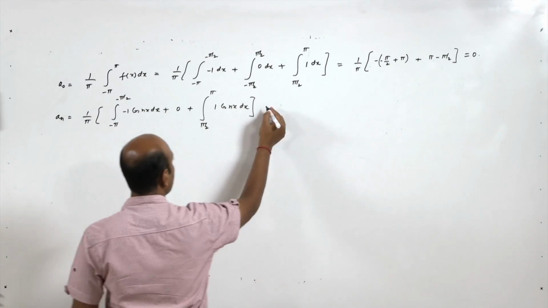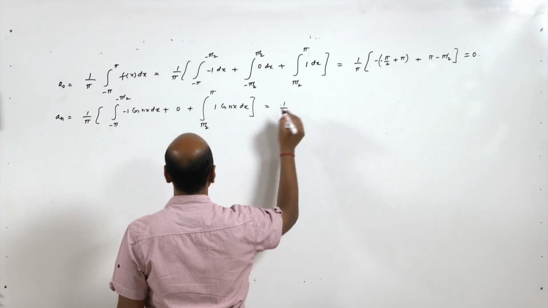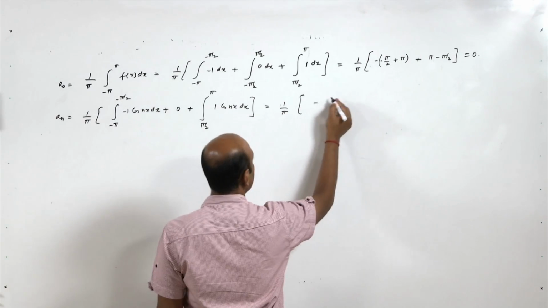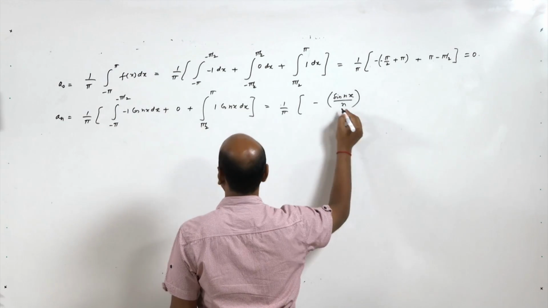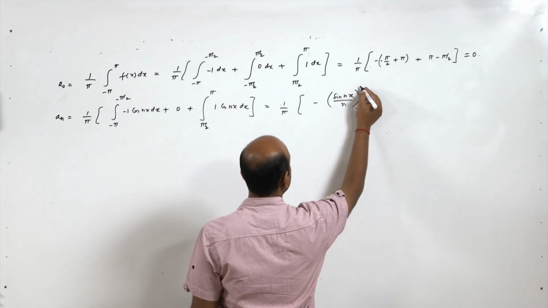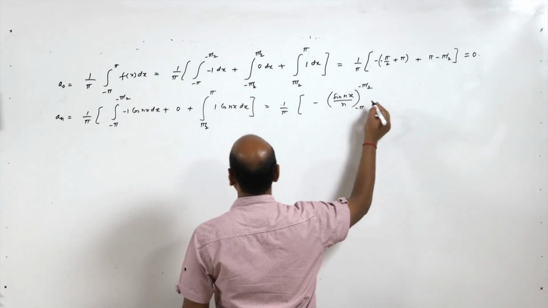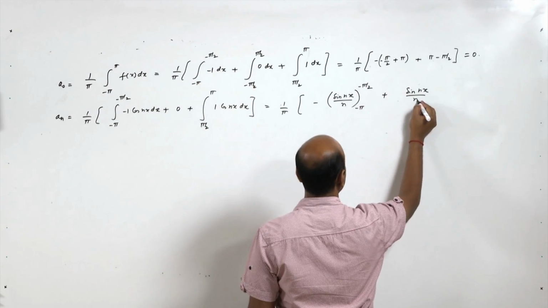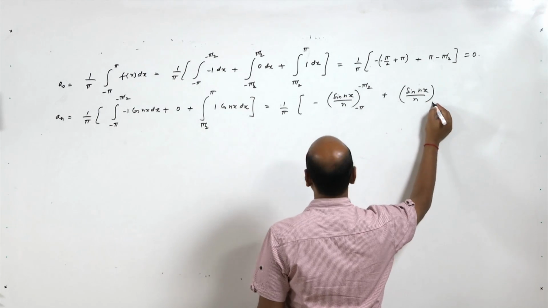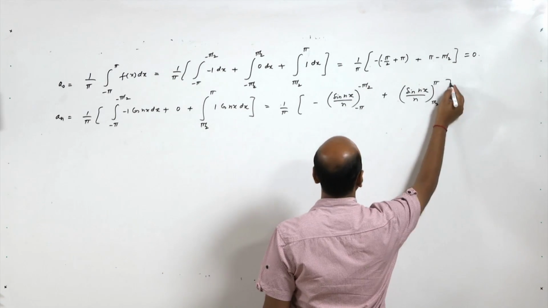Now, it is nothing but 1 upon pi, negative of sin nx upon n from minus pi to minus pi by 2, and plus sin nx upon n again from pi by 2 to pi.